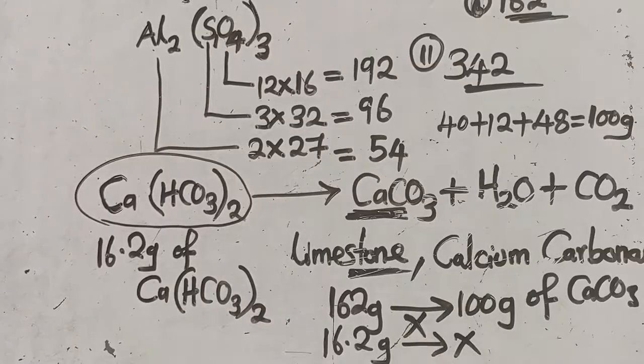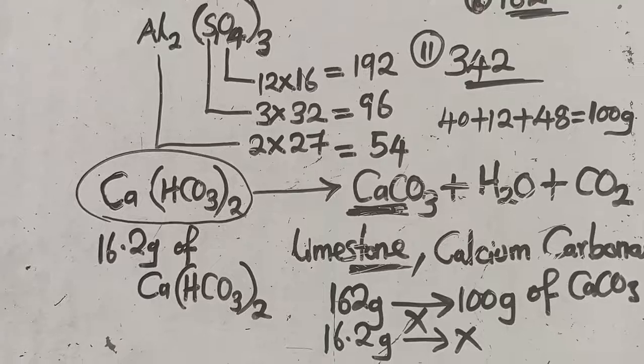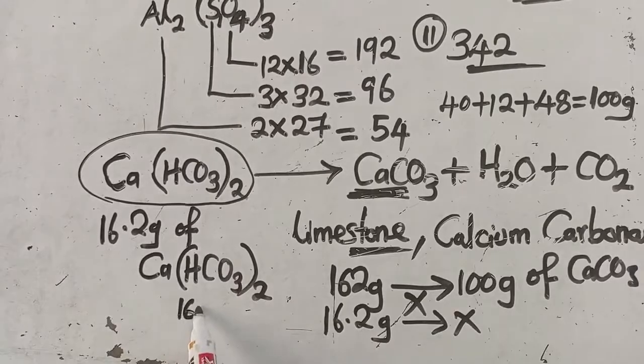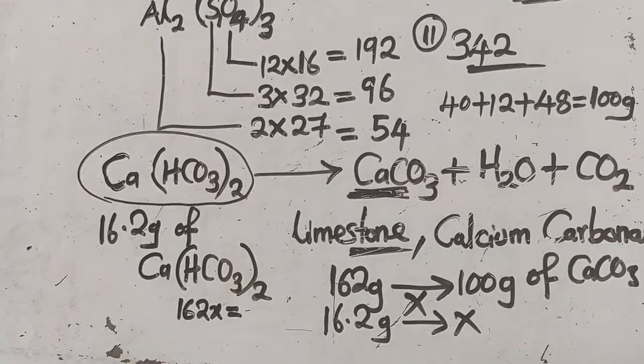We cross multiply. We've got different ways in which we can answer this; this is also another way you can answer it. When you cross multiply, you get 162x equal to 16.2 times 100.